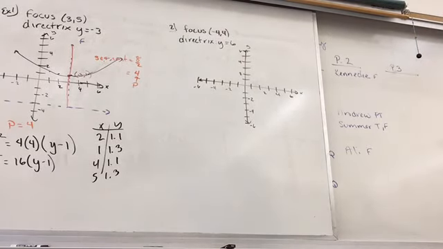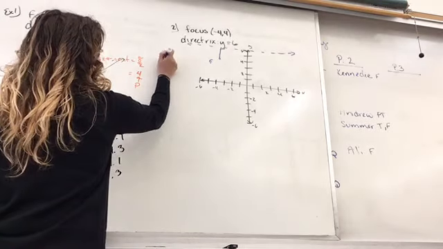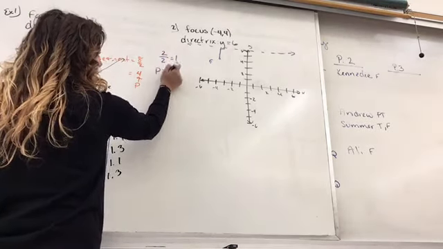Now remember, your vertex has to be between the two, and we need to figure out where that is. So we connect these with that perpendicular. The distance between 4 and 6 is 2. So 2 divided by 2 is 1, and that's my p value. That tells me my vertex is in the middle, so the vertex is (-4, 5).